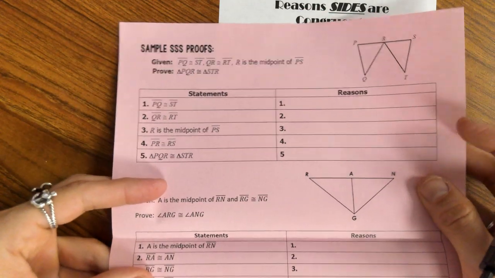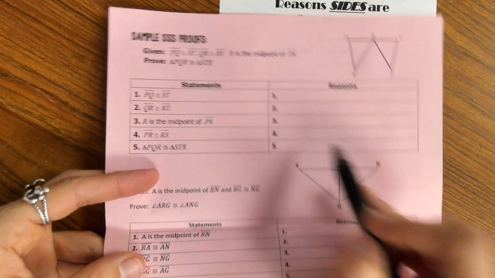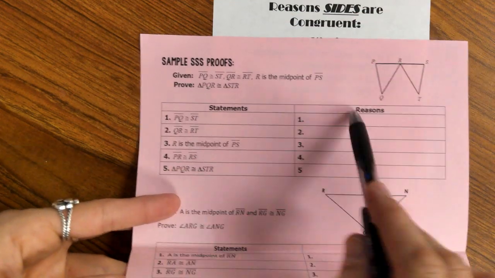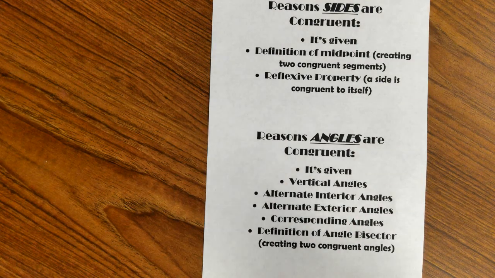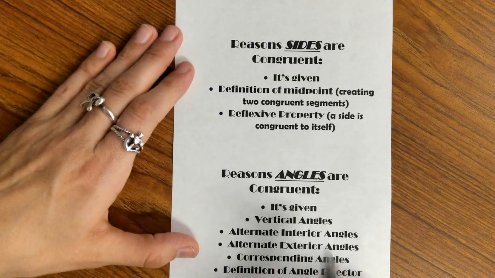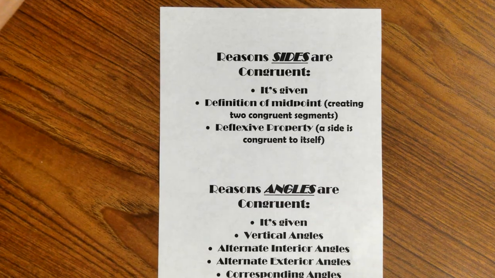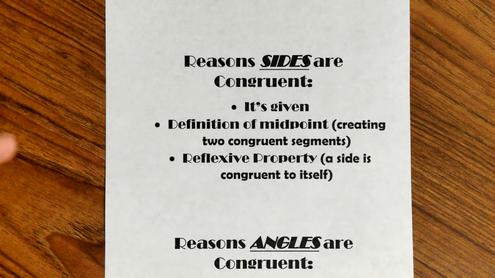What we're going to do now is put this to the side and take out the little half sheet that says reasons. When we open this up, the print shop messed up again and did not print it how it was supposed to, so we'll have to rotate it. We're going to need to discuss why we have reasons for sides to be congruent and why we have reasons for angles to be congruent. Some of the reasons for sides to be congruent are if it's a given.